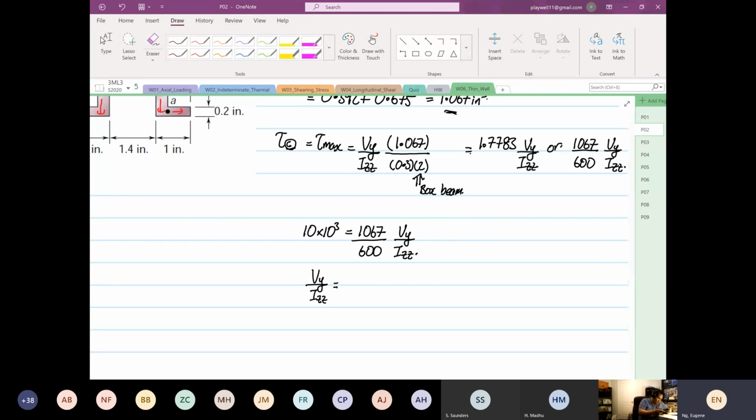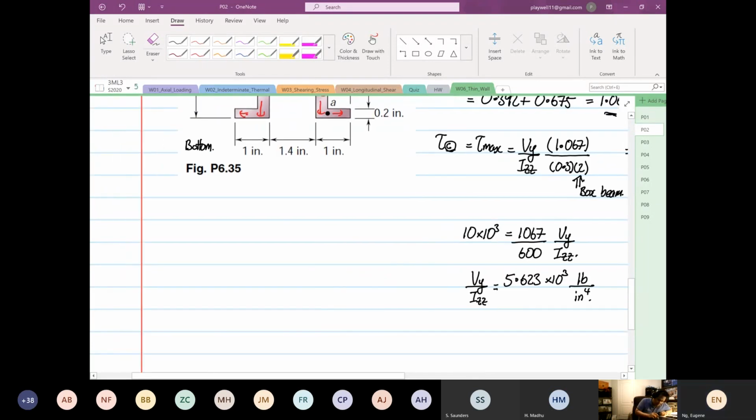So this is equal to 5.623 times 10 to the power 3, and these are in pounds over inch to the power of 4. Okay, that is our ratio.